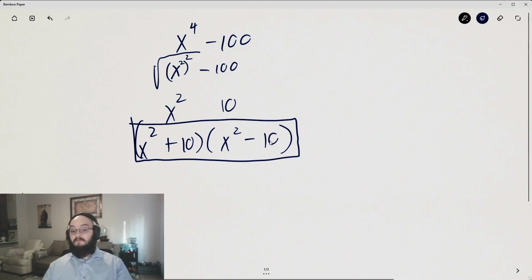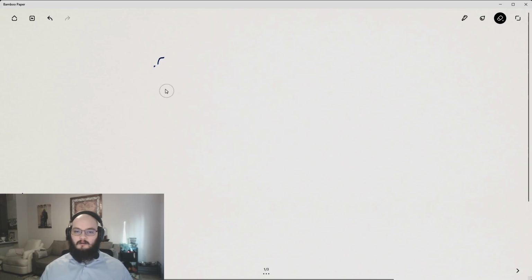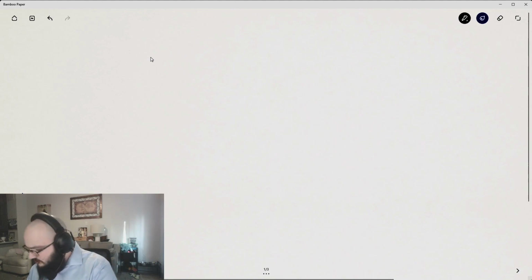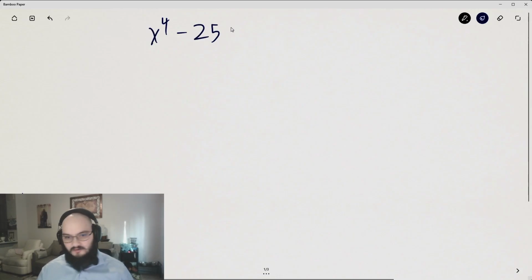If 10 was a perfect square, if we had something like, let's say 16 in here. Actually, you know what? Let's just do an example where it continues on. So let's do an example where we actually do get to continue on some extra steps. We have, let's do x to the fourth minus 256.